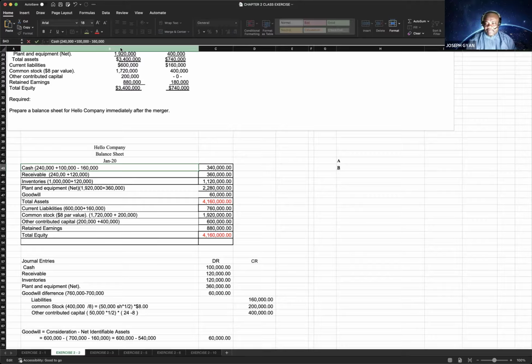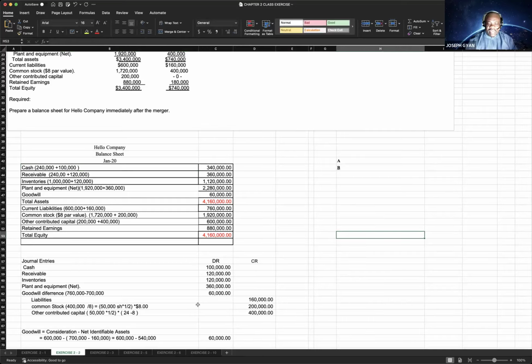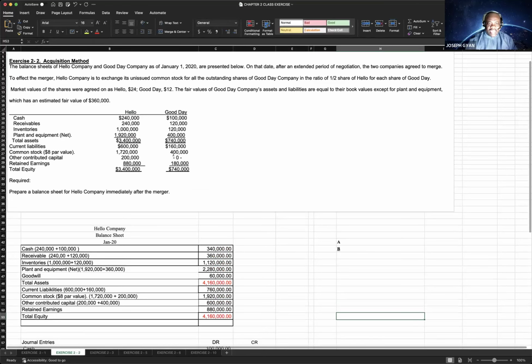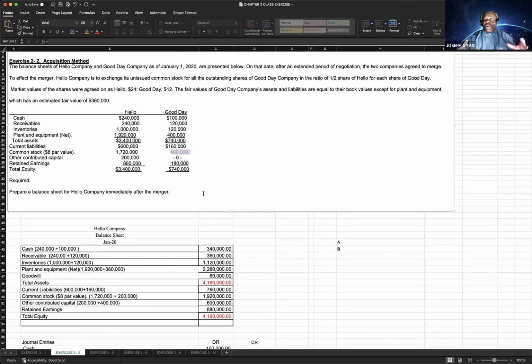Does that make sense? Yes. And how about the equity? The equity, very good. That's why we said we are giving them the equity. Therefore, their equity here, we don't need it. It's not coming in at all because we are acquiring the equity of the company. Remember the consideration we talked about in chapter 1: you can give them cash, you can give them stock, or you can give them debt securities.